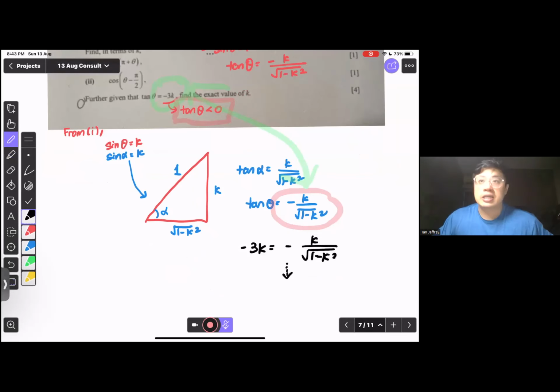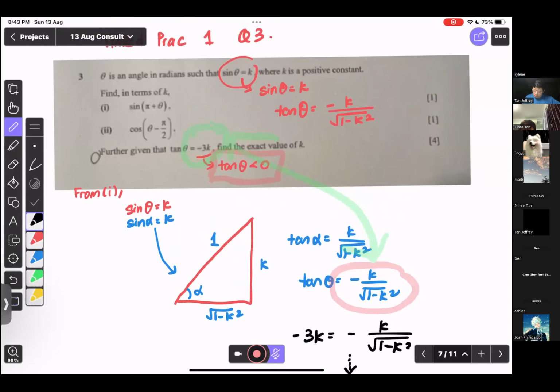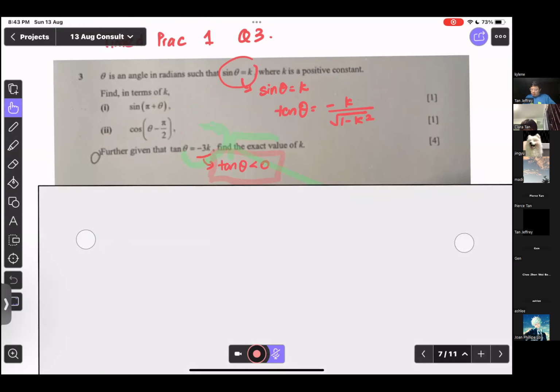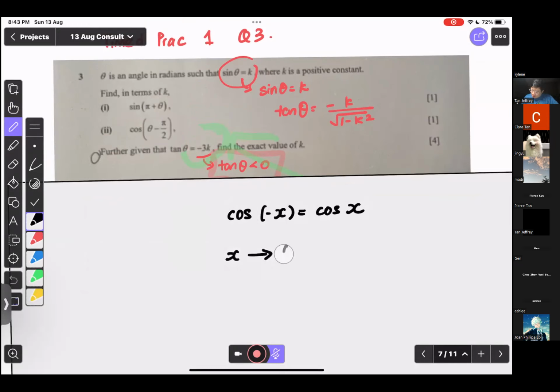Mr. Tan, I don't understand part 2. Is it this one? Okay, so this one, you know how cosine negative x is the same as cosine x? Is this formula okay for you? Very good. So if you think of x like theta minus pi over 2, can I say that negative x will look like pi over 2 minus theta?